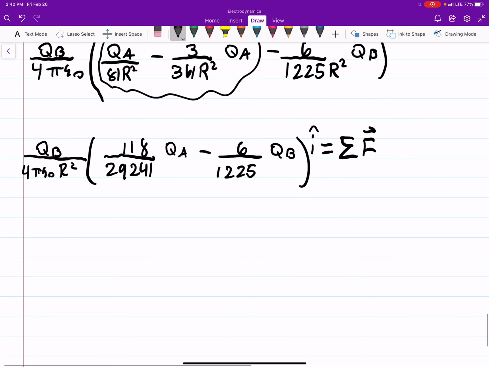I dropped the notation pretty early on, but it's okay. So what does this say?